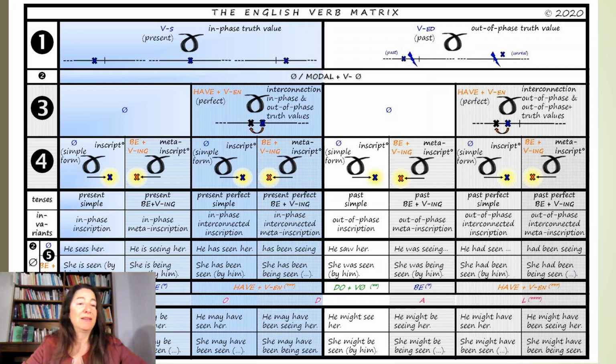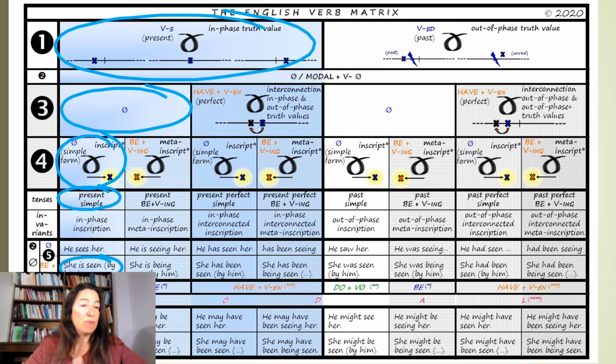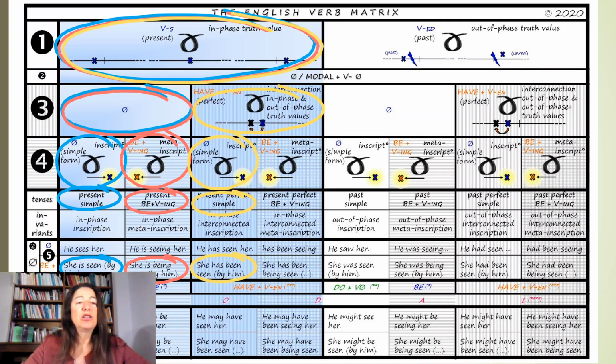That is to say, it is compatible with the present tense, with the present simple and the present B plus ing, and then it's also compatible with the present perfect simple and the present perfect B plus ing.